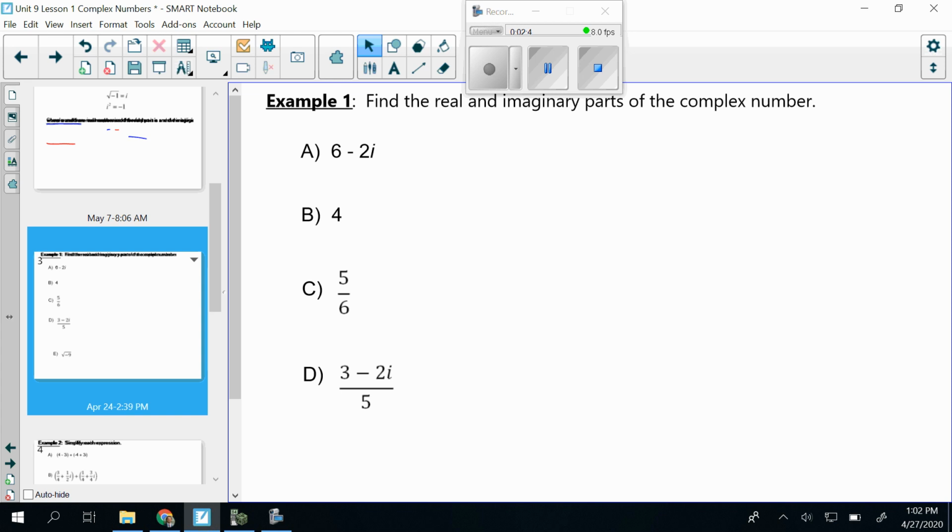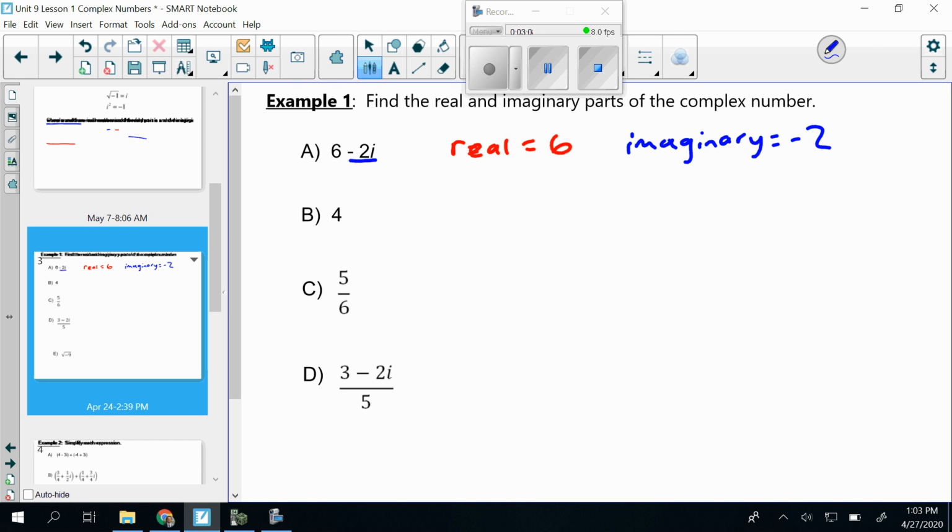All right, this part wants us to find both the real and imaginary parts of the complex number for each. For this one, the real part would be the 6, and the imaginary part would be the -2, because that's what's in front of the i.